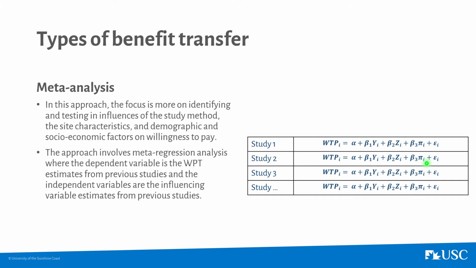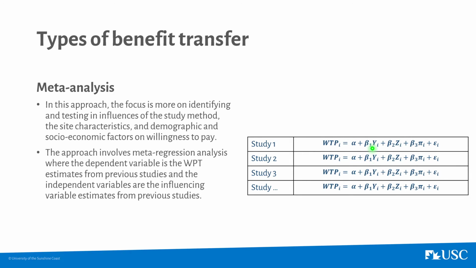So what this meta-analysis does is basically get all of those willingness to pay values and treat those like the dependent variable, and then do a meta-regression where it uses all of the other study findings for these other influencing variables, income and age and gender and so on, and then through statistical regression basically tries to figure out, well, when we look across a whole bunch of studies, what can we say about the influence of age on willingness to pay for green energy?